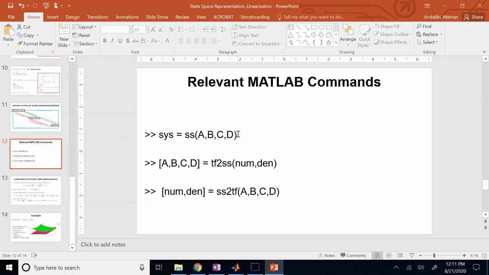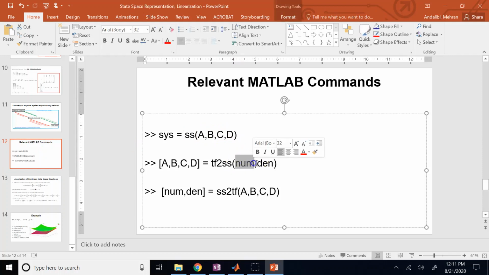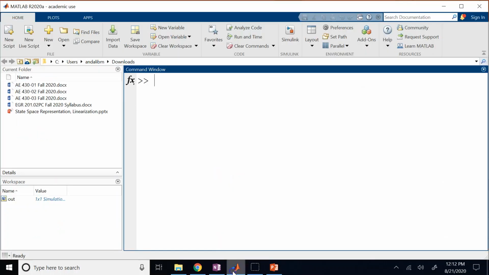So remember, in the past, if you had a numerator and a denominator, you could create a transfer function, and once you have a transfer function in MATLAB, you can do a ton more things, which I'll show you. You can look at the step behavior, impulse behavior, you can do ILAP, so many things.